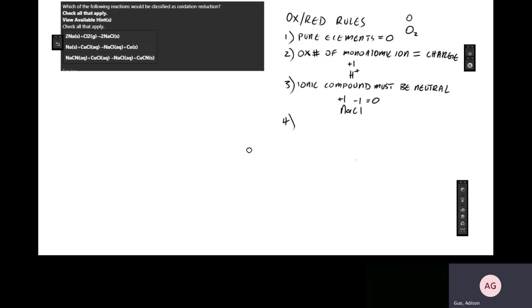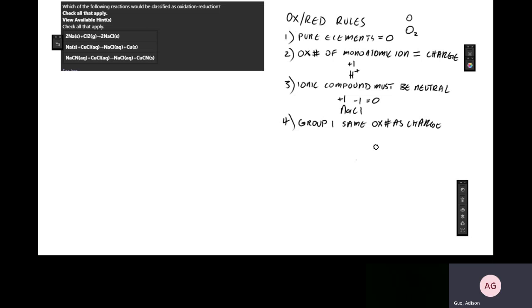All right. So beyond that, you have a few specific rules. So group 1, which is going to be your first column, same oxidation number as charge.